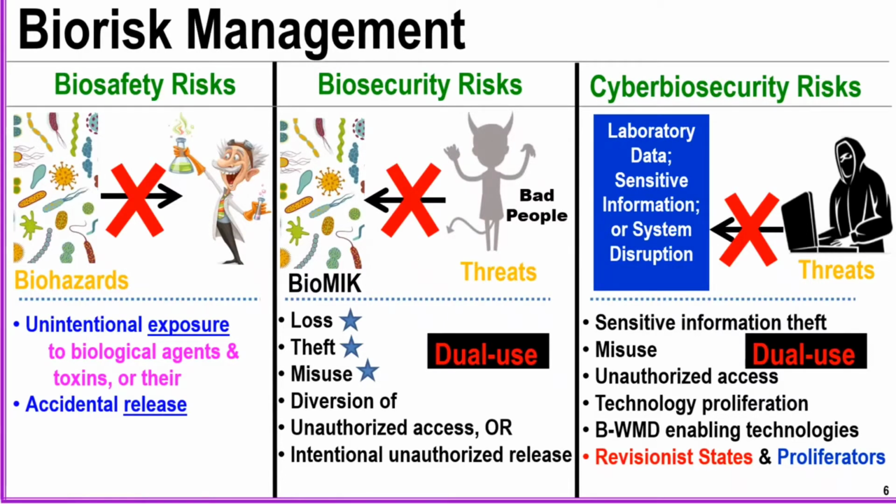As a part of biological risk management, if we don't do biosecurity risk mitigation appropriately, it could result in illicit proliferation of dual-use technologies, which could be misused by revisionist states, their agents, or broadly speaking, proliferators.